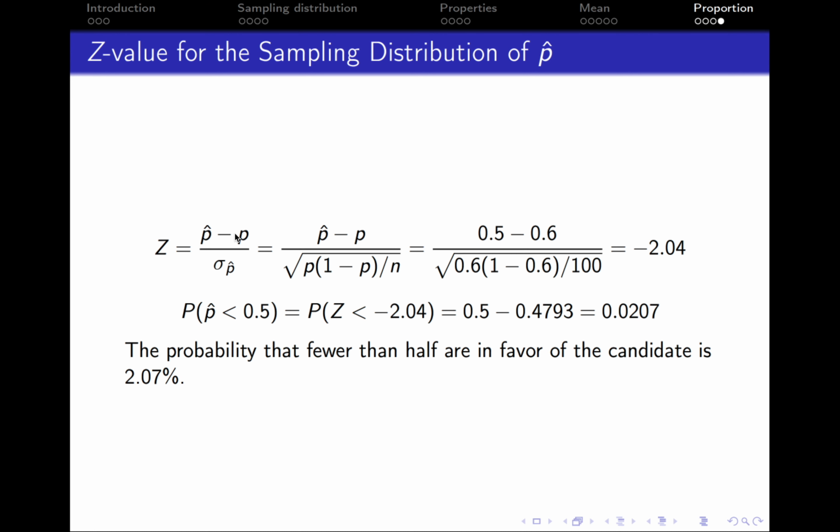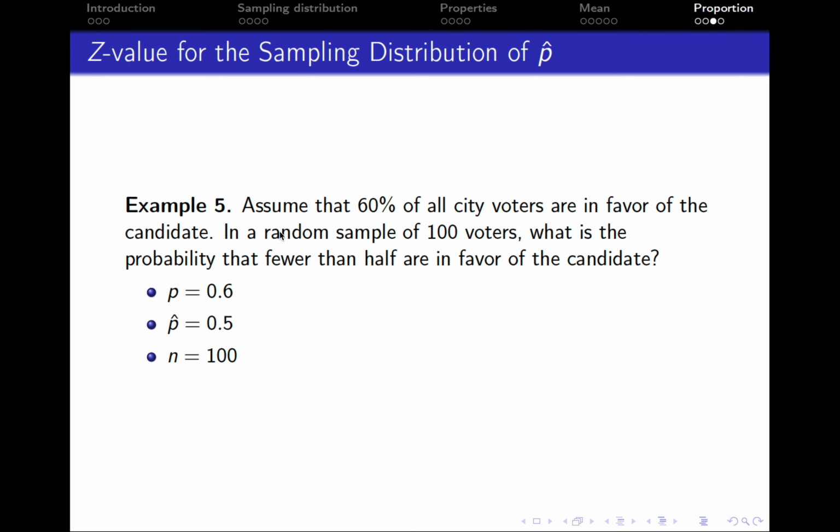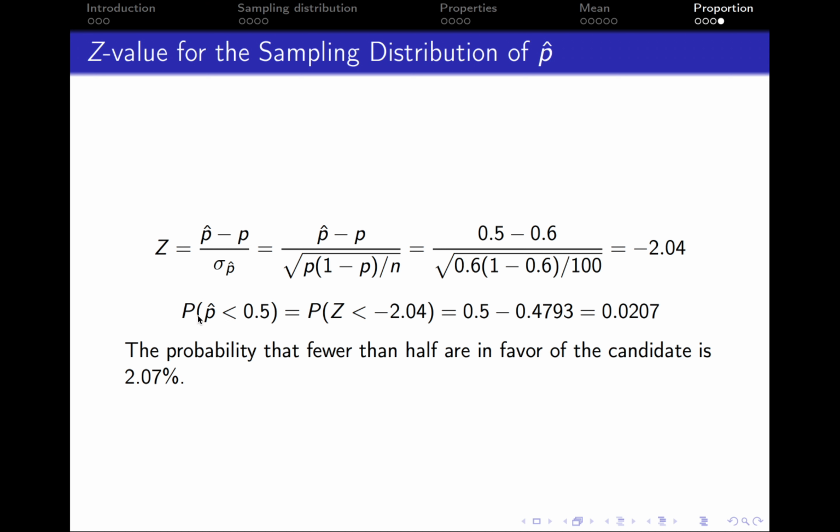Since we are interested in the probability that the proportion is less than 0.5, so fewer than half, we can denote this as p with the hat, the sample proportion, being lower than 0.5, which is the same as calculating the probability of the z-score being lower than negative 2.04.